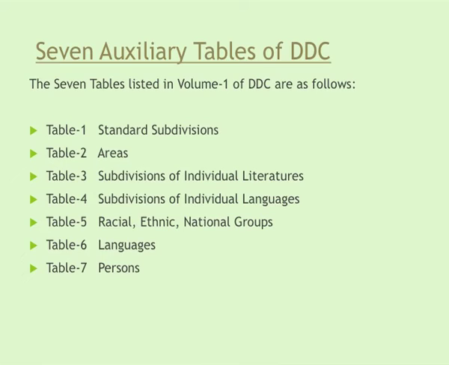Table 6 is a list of various languages of the world, and it is used whenever required for a particular language. For example, we have a title Bible in Hindi. Here the main subject is Bible.